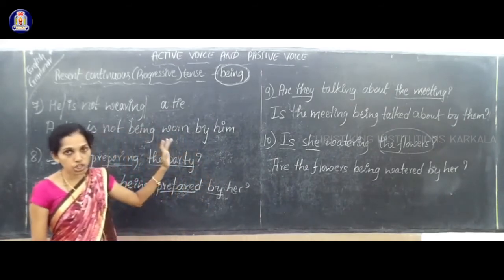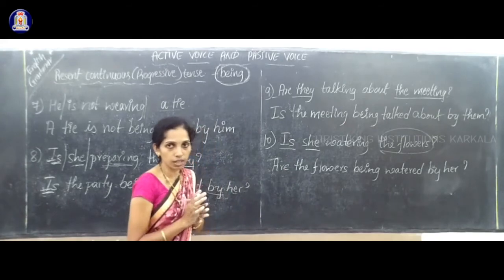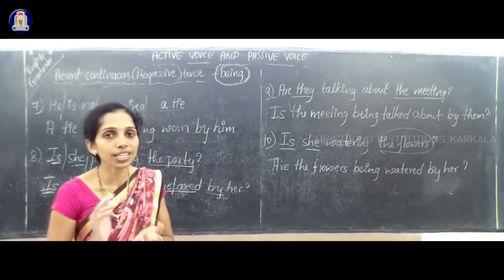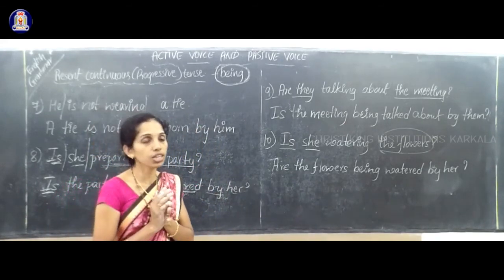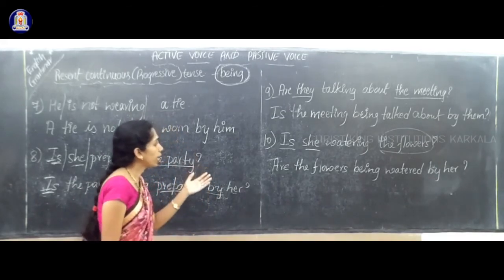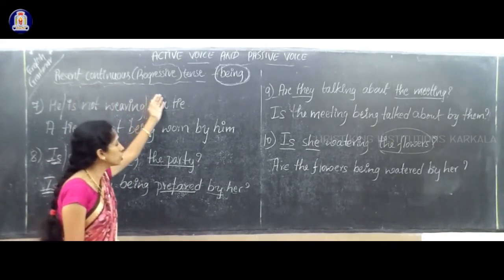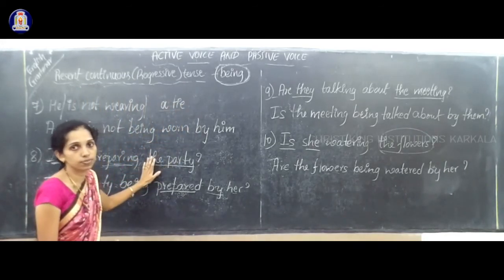Here we are not changing the meaning. Only the word order is changed, but not the meaning. So this is the way of writing the passive voice of the present continuous or progressive tenses.